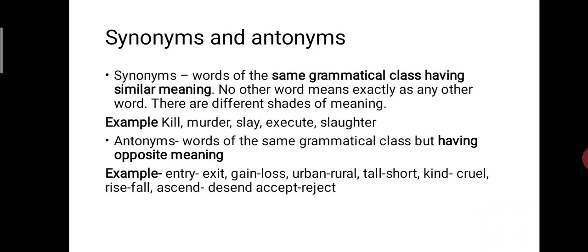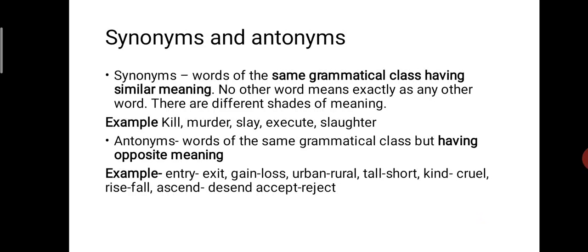Antonyms. What is the meaning of antonym? Antonyms: words of the same grammatical class but having opposite meaning. Examples: entry, exit; gain, loss; urban, rural; tall, short; kind, cruel; rise, fall; ascend, descend; accept, reject.